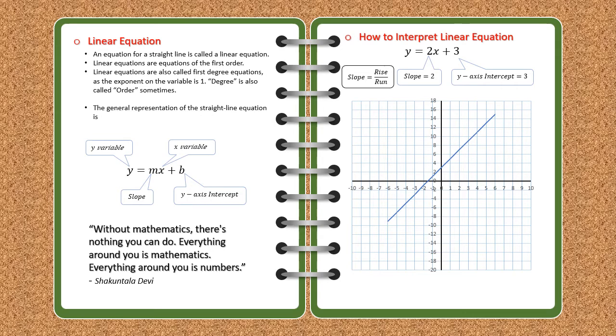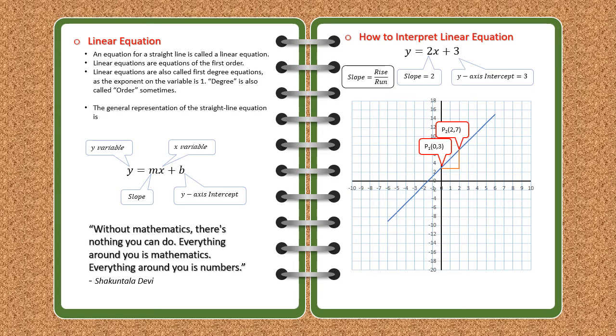Let's calculate the slope of this equation from the graph. Let's take 2 points randomly on the line. Let's say (0, 3) here and (2, 7) here. Let's draw the rise, and this is the run.